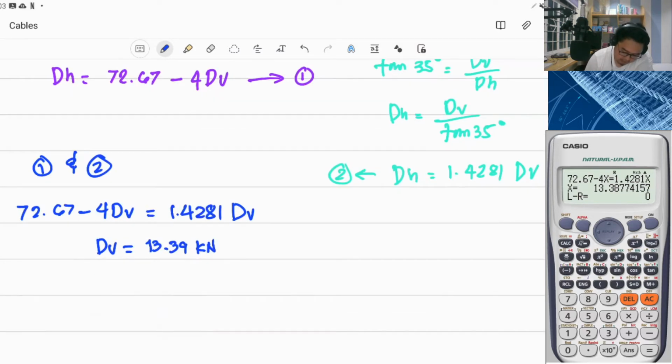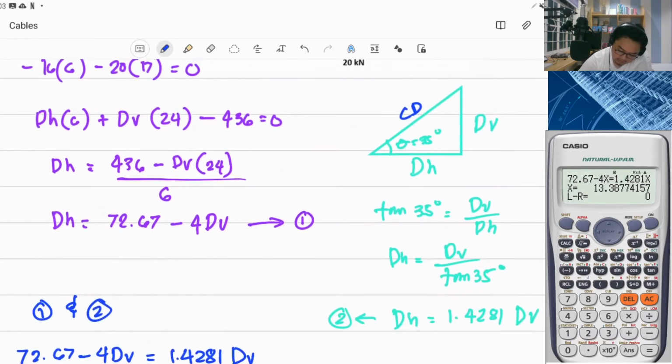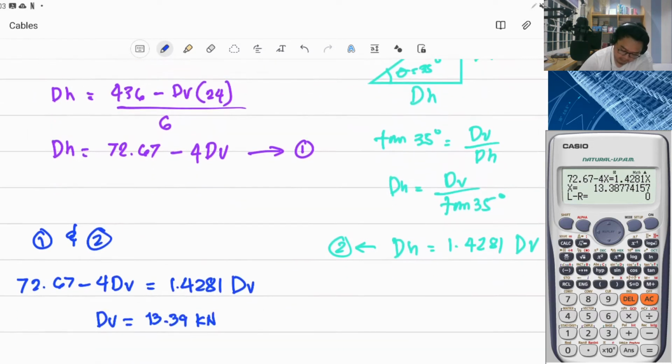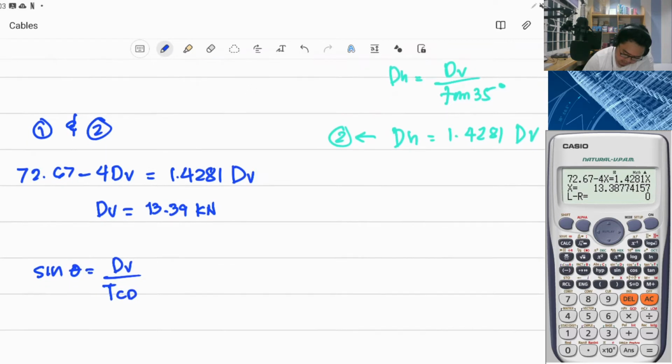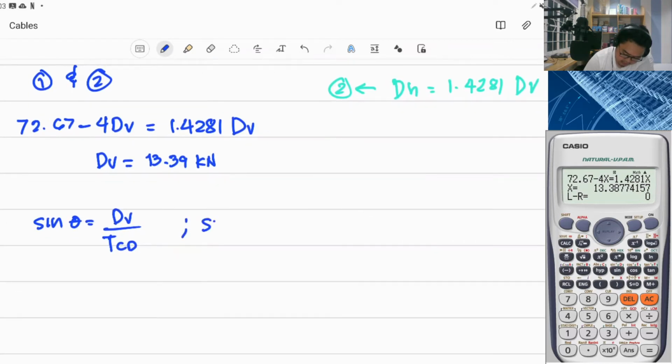Since we have DV already, 13.39, looking at this triangle, this is CD, we can say that sine of theta is equal to the opposite, which is DV, over the tension of the segment CD. Substituting, sine of 35 degrees equals DV, 13.39, over TCD.